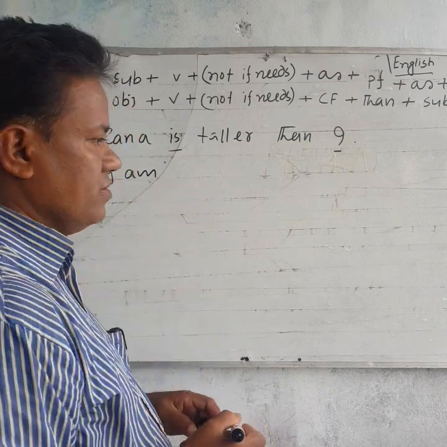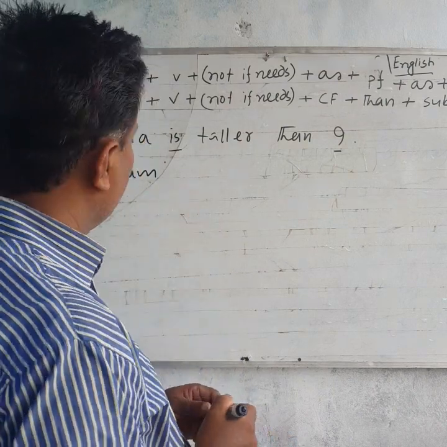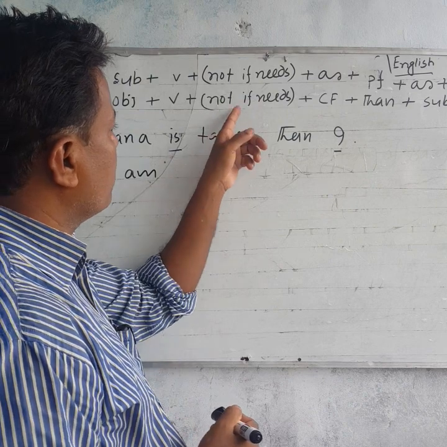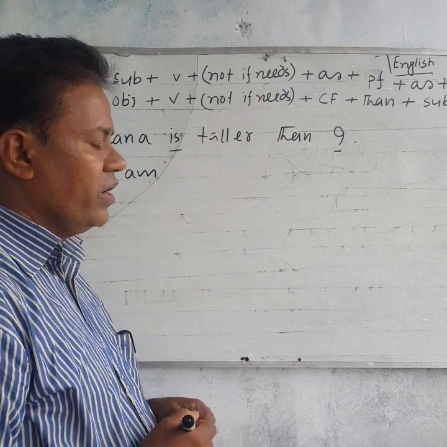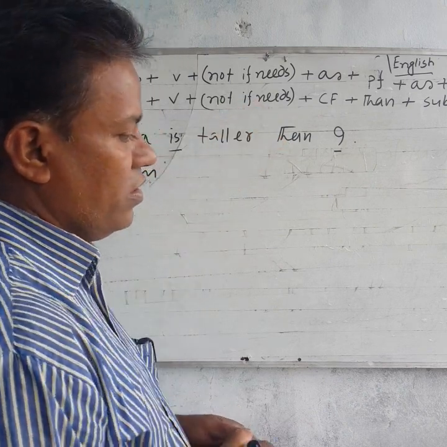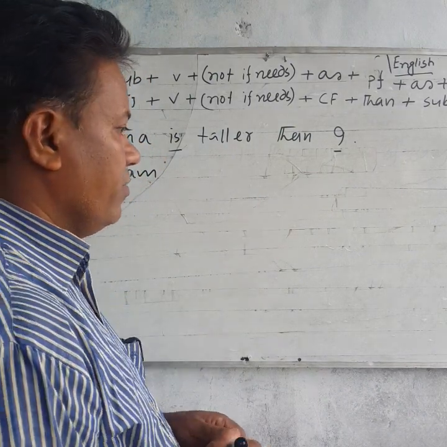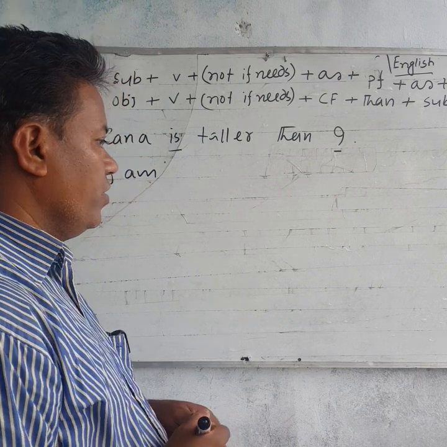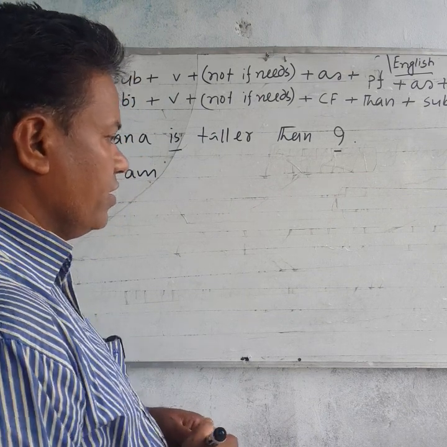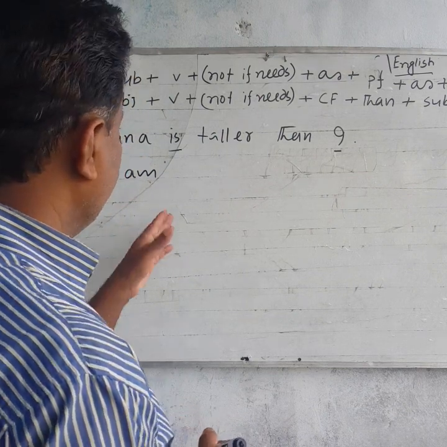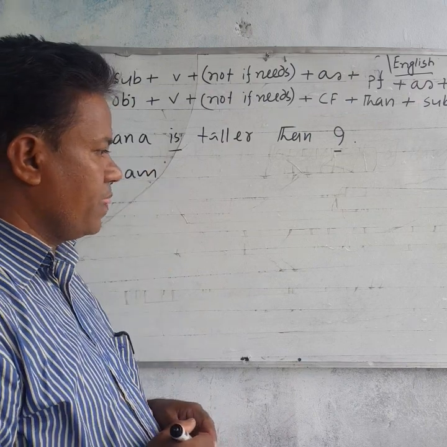Now this is a factor. If here is not, it needs. When will it need not? Firstly, you have to see the given sentence.